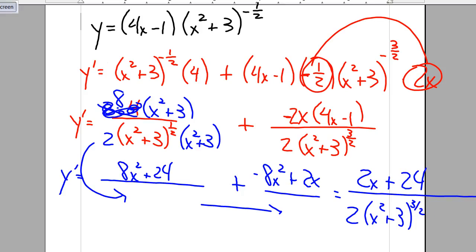Oh, the 8x squared's canceled, okay, right? Yeah. How many had that answer?